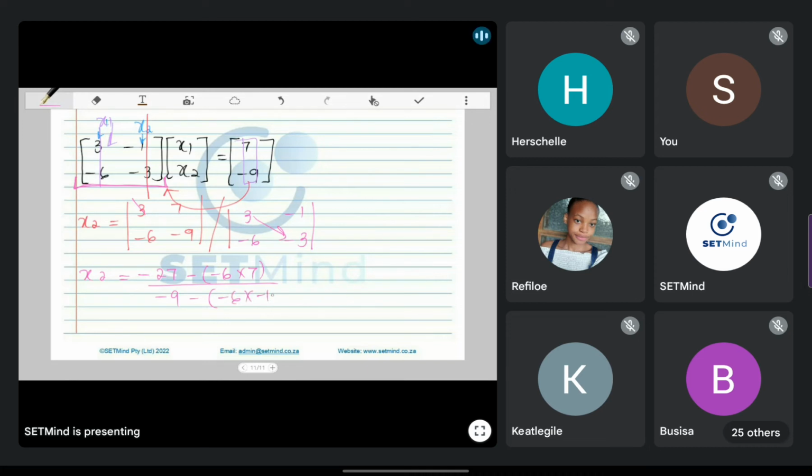We have -27 here. 6 times 7 is 42. So that's positive 42. 36 plus 6, 42, yes. And then divided by -9 minus plus -6. That's negative.